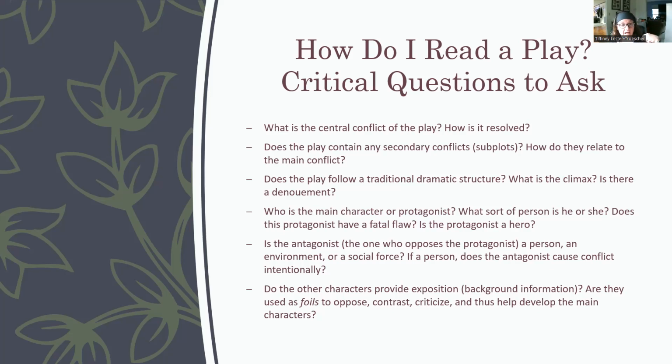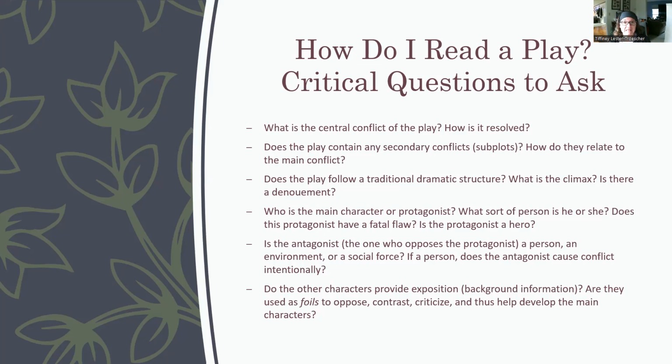Or do they have a bit of an evil streak and they set it in motion on purpose? Things to think about. Do the other characters in the play provide any kind of exposition or background information for us? We don't get a narrator in a play typically. There could be a character written into the play that is sort of like a narrator, but most of the time it's not.